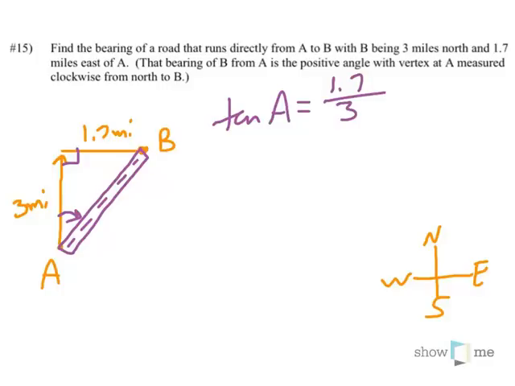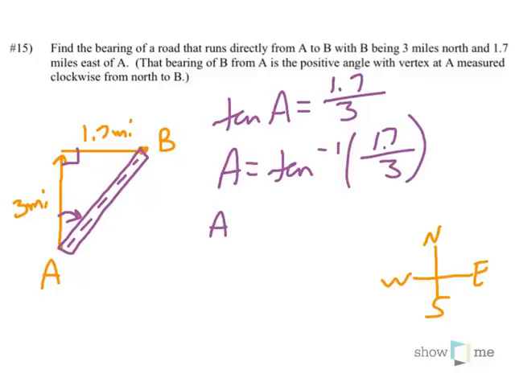If you apply tangent inverse to both sides to separate the tangent from A, that gets you A by itself. Put that in your calculator. It ends up being approximately 29 degrees, 32 minutes.